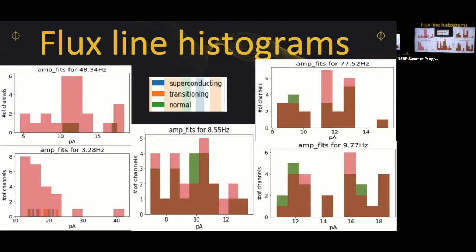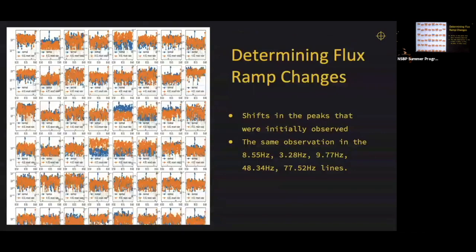We used that to compare, and then we went on to investigate by determining the flux ramp changes and whether that was responsible for the peaks we were seeing. The blue part is the original data, so I don't know if you can see the peaks in all of that.